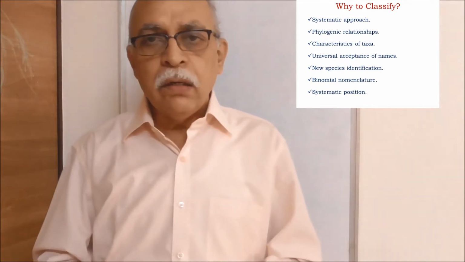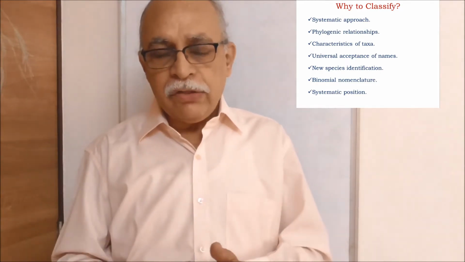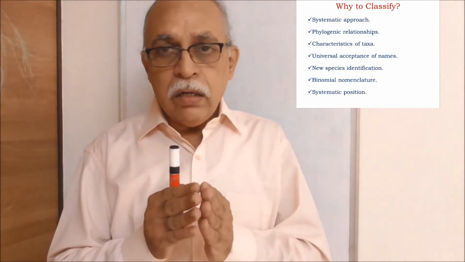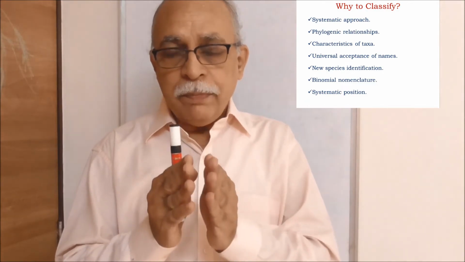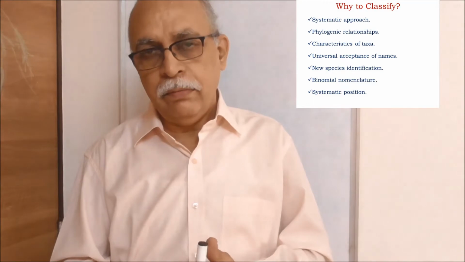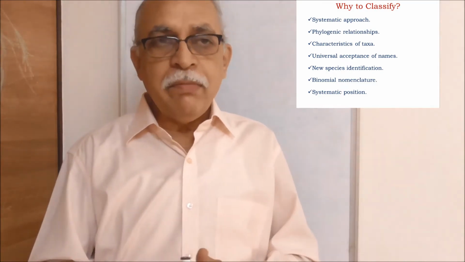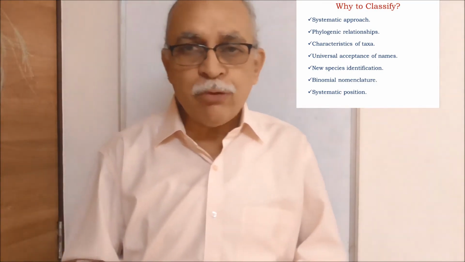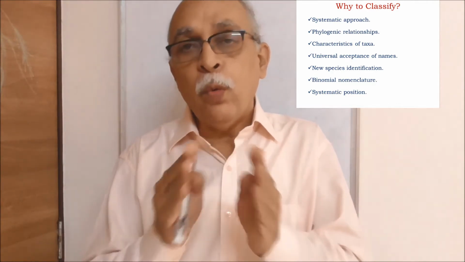Next is, by classification you assign a name to a particular living organism which is universally acceptable. What do I mean by universally acceptable? If I am talking about, just as I mentioned, vertebrate, then that term vertebrate would have the same single meaning the world over.